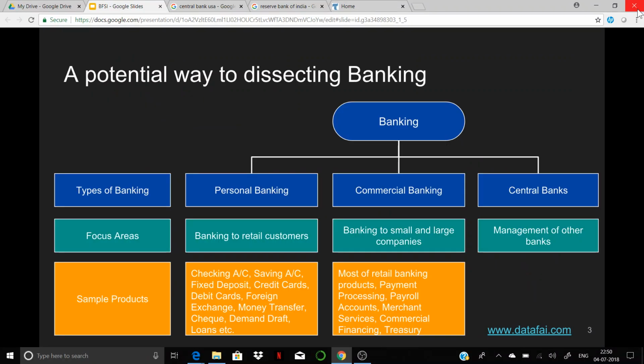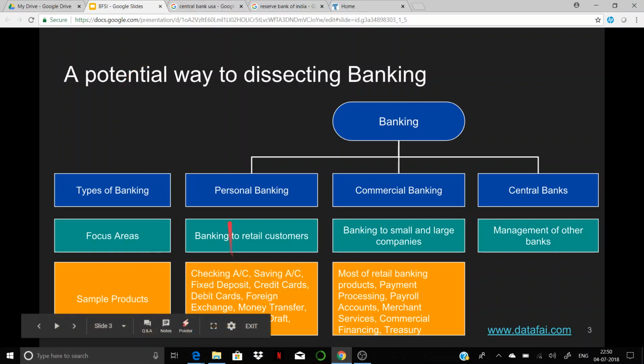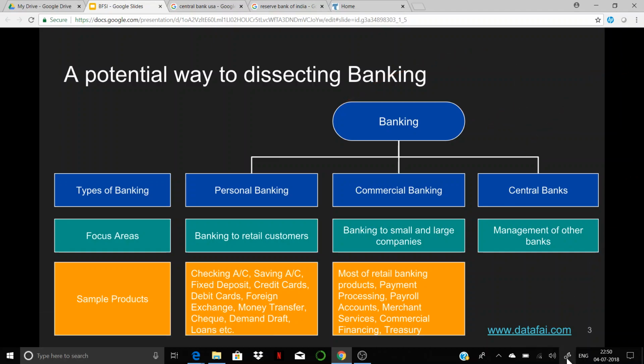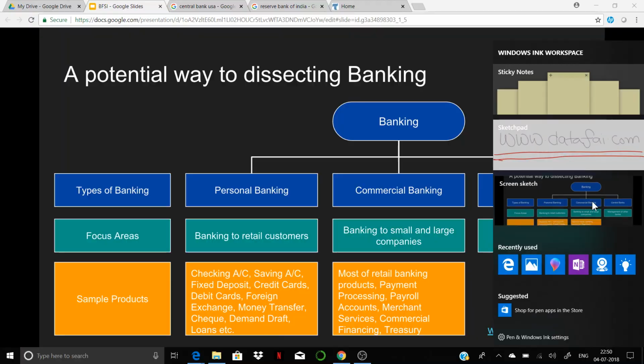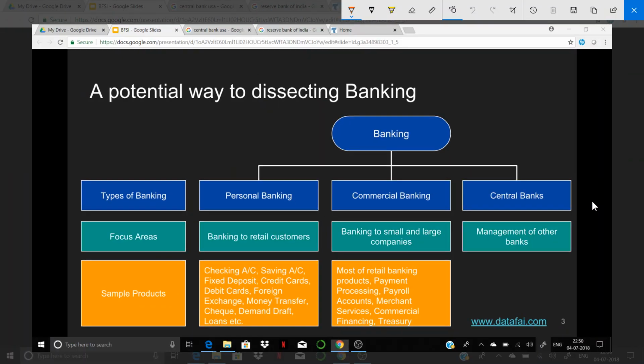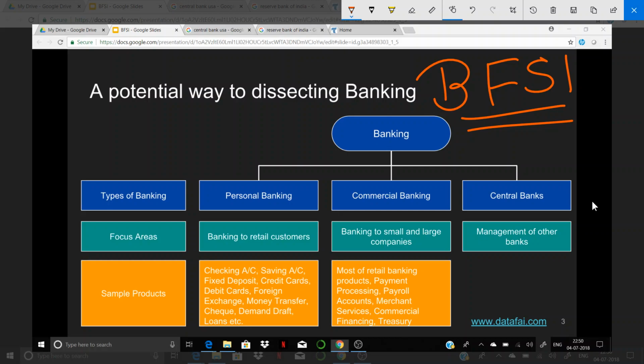So, as you quickly figured out, based on our discussion so far, the BFSI is really very, very wide, right? And in this slide, what we're going to do is strip off the B. So, if you remember, we talked about the BFSI, which is nothing but banking, financial services, and insurance. And we all agreed that this is really a very wide area. So, what we're going to focus on now is just the B part, which is the banking, right?